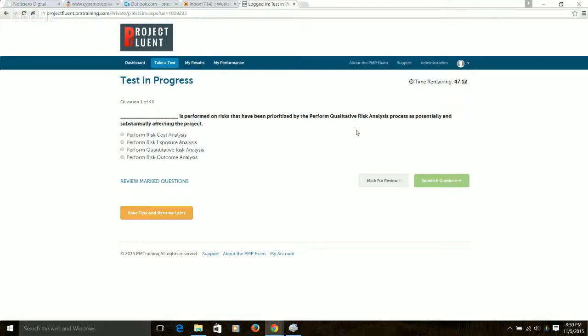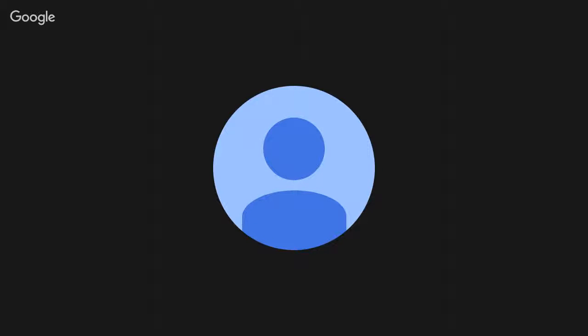Option A is perform risk cost analysis, perform risk exposure analysis. Option C is perform quantitative risk analysis, and perform risk outcome analysis. This is going to be difficult because I'm a guy who visualizes it.